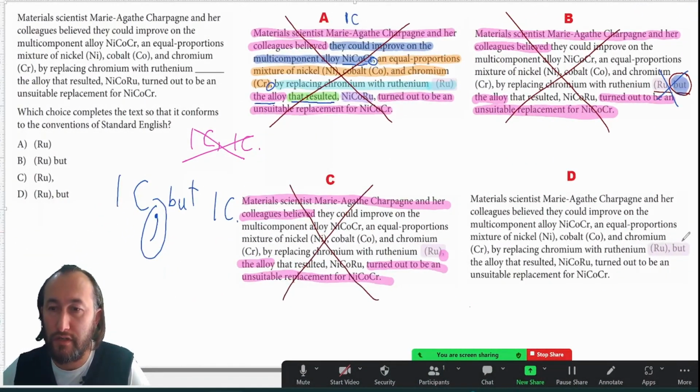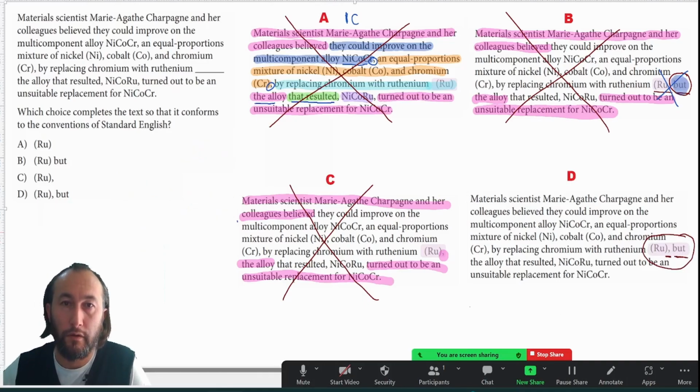Right, what we got left? We got D. And if you look at D, it's perfect. Why? Because we got a FANBOYS and we got a comma. That means we got independent clause, comma, but, independent clause.